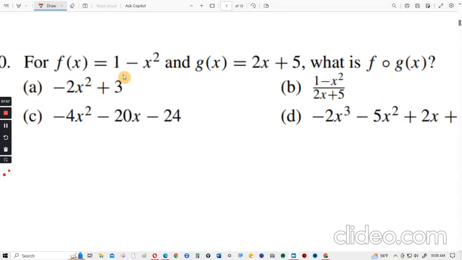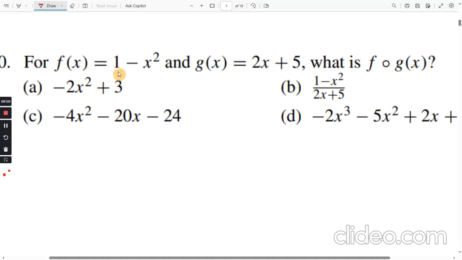Alright, number 10, f of x equals 1 minus x squared, and g of x equals 2x plus 5. What is f of g of x? I always like to rewrite this without the circle. Okay, write it with the parentheses. F of g of x.